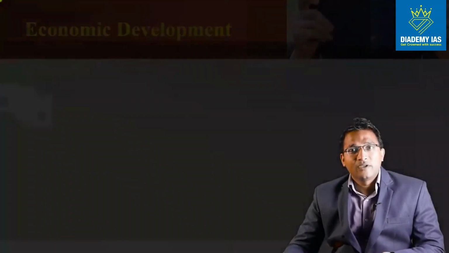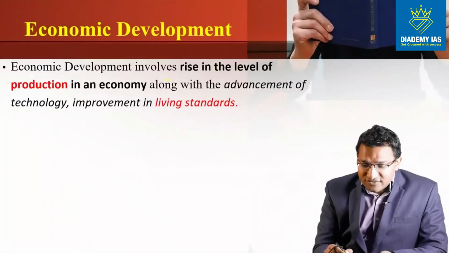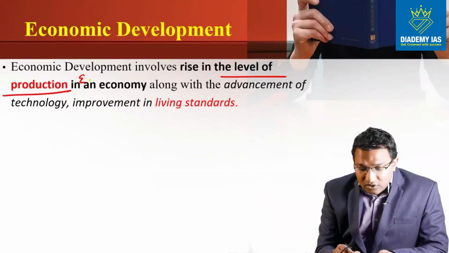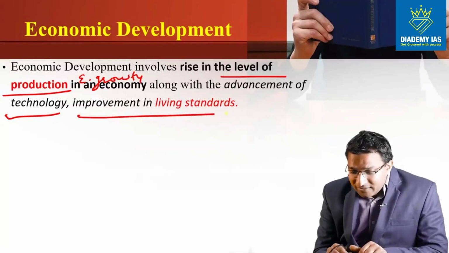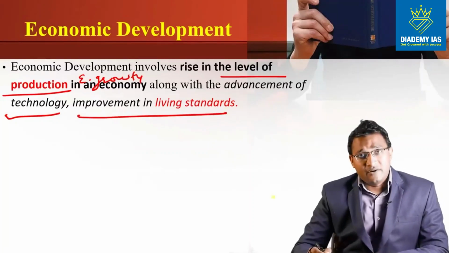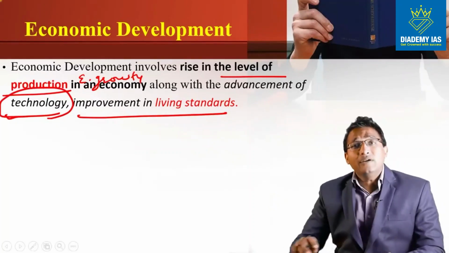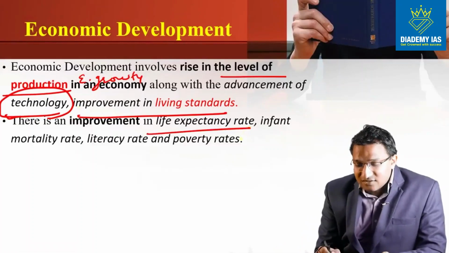So let us see economic development. It involves the rise in the level of production, that is nothing but economic growth, along with advancement of technology, improvement in the living standard, right? So this technological advancement is also part of the economic development. There is an improvement in the life expectancy rate.